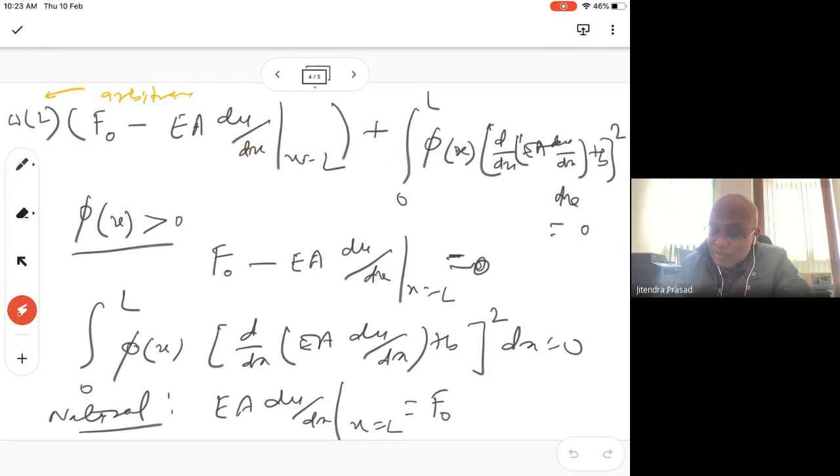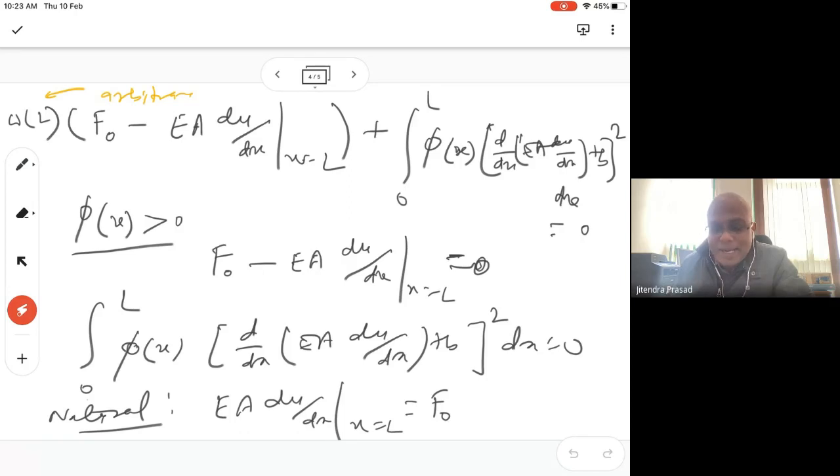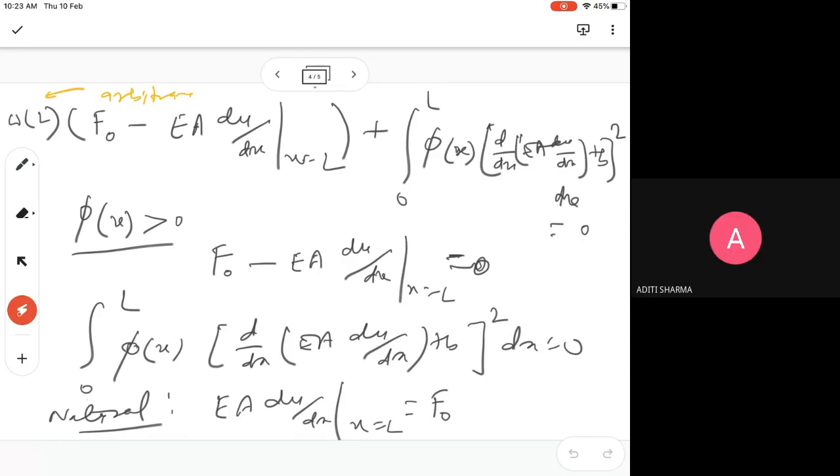So it's only possible when both are individually 0. Right? Individually it has to be equal to 0, no? Sir, and F naught minus EA du by dx, can't it be negative?